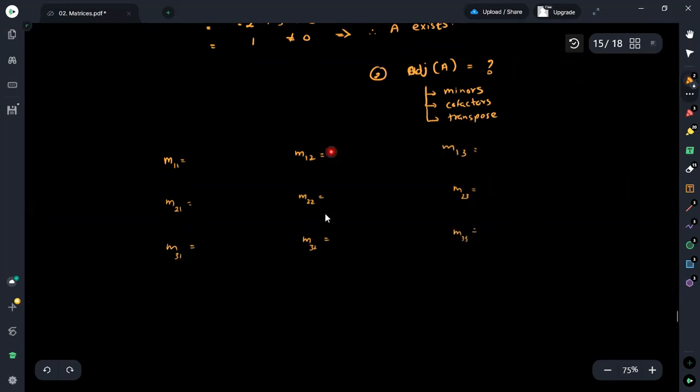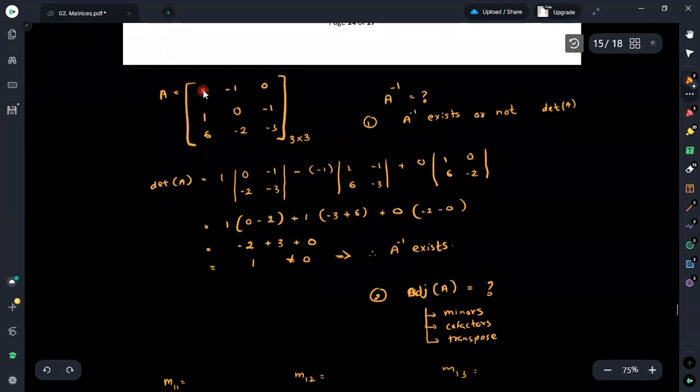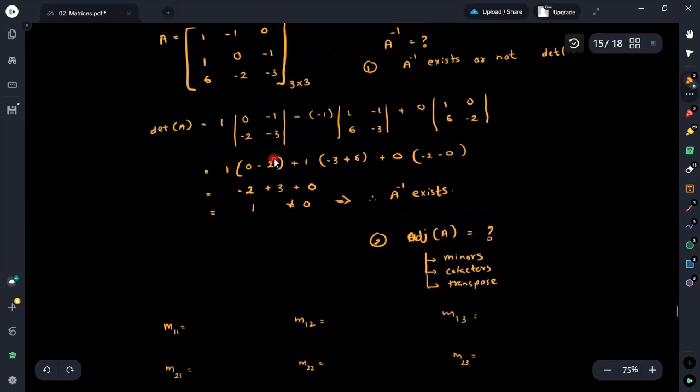Altogether, we have to obtain 9 minors. Therefore, for the first value, we have to take the minor using this. If I write down the values associated with the first row, first column element, then we'll get this as 0, -1, -2, and -3. Then this suggests the value as 0 minus 2, which is equal to -2. If you perform the calculation, you will get this value as -2.